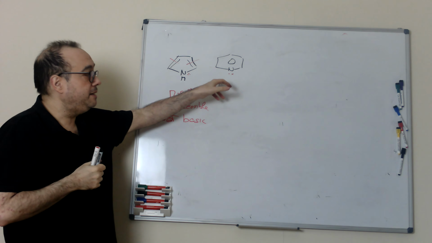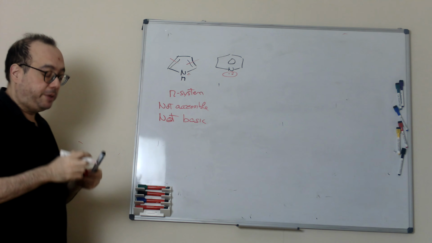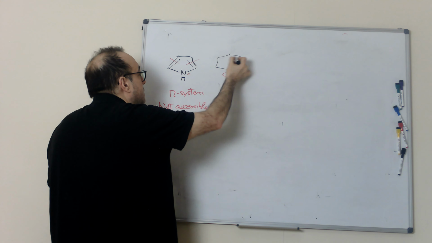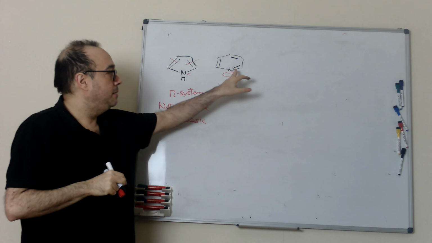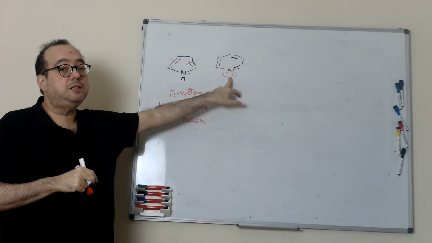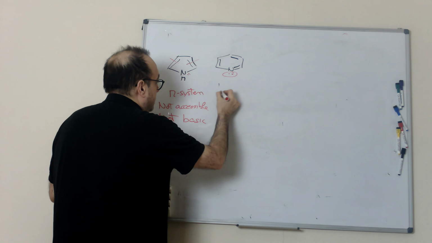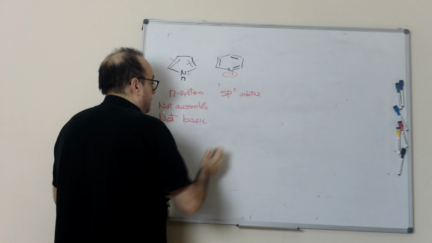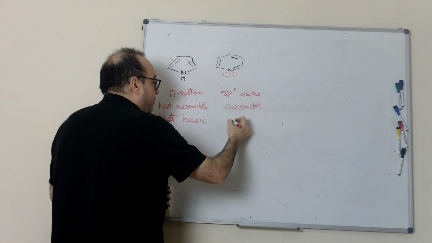In the case of pyridine, the pair of electrons are not in the p orbitals. Why? We have the pz orbital of the nitrogen busy making the double bond. That means this pair of electrons must be in the sp2 orbital. That means they are accessible, and this type of compound will be basic.